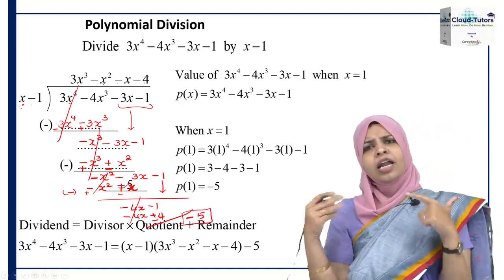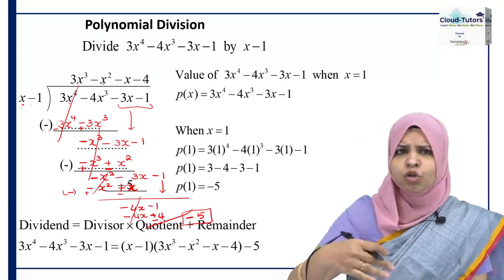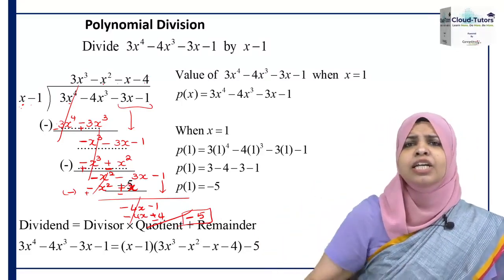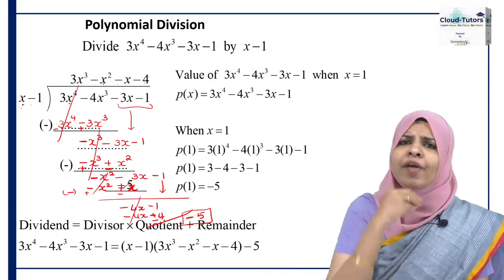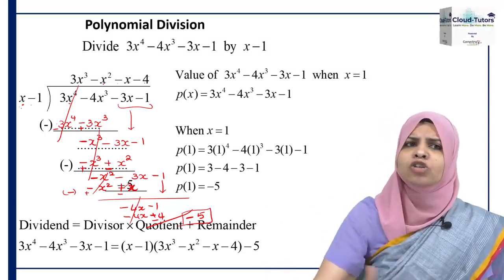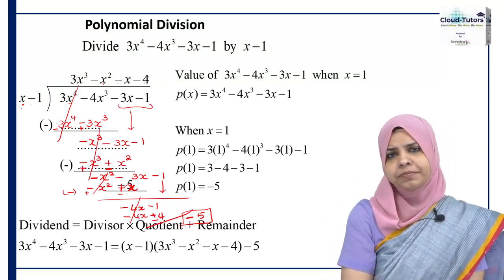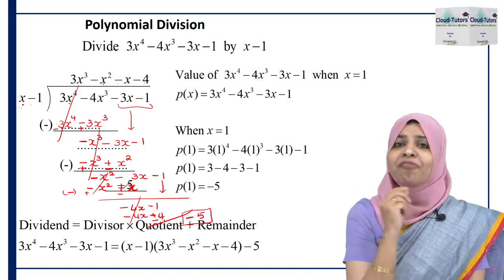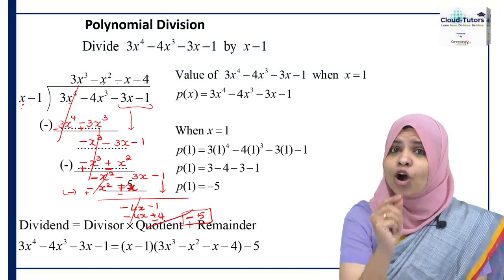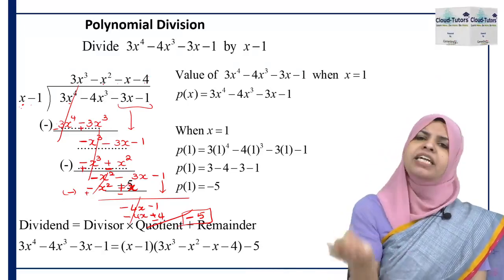So now the question arises, till when should I keep dividing it? See here, whenever the degree of your remainder is less than the degree of the divisor.